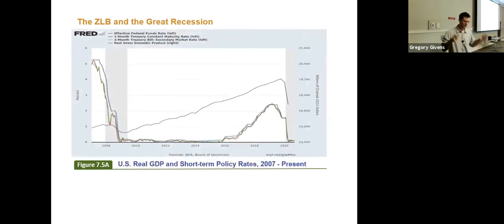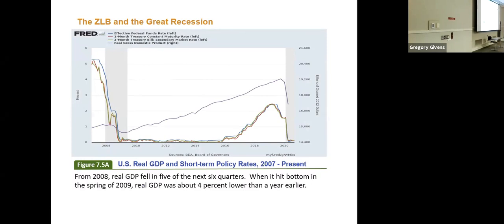So this is what I'll finish with today, and we'll save the actual analysis of the zero lower bound in the new Keynesian model to the next class. Here is a graph that shows 4 variables, okay? The purple line is real GDP, and it's measured over here on the right axis, okay?